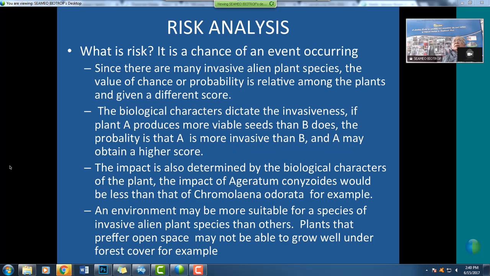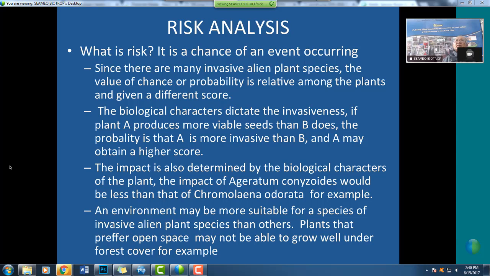Then risk analysis. As in the past on the biodiversity target, you have to do a prioritization, and then to do the prioritization, you have to have a risk analysis. So what is the risk? Risk is the chance of an event occurring.